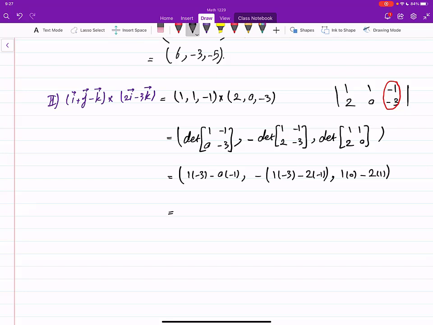And this way we find negative 3 first component. Look at this one. This is negative 3 plus 2. That's negative 1. There's a negative sign outside. That will be 1. And then there's a negative 2. Well, you can write this back in terms of i, j, k. I'd like to do it here. And that's what we have.